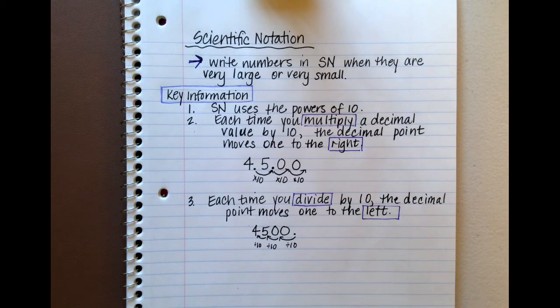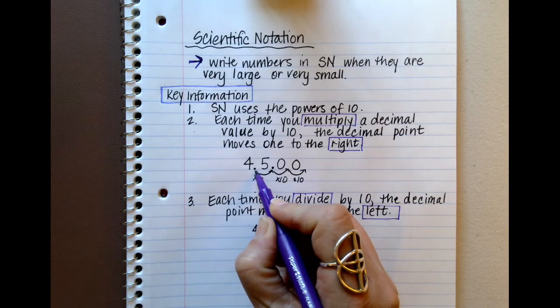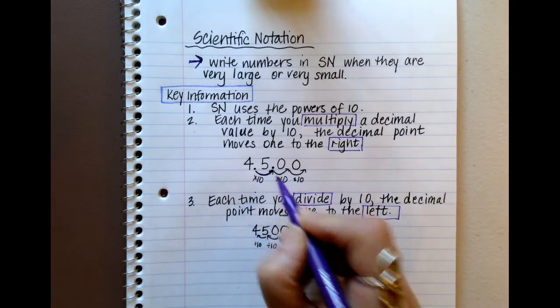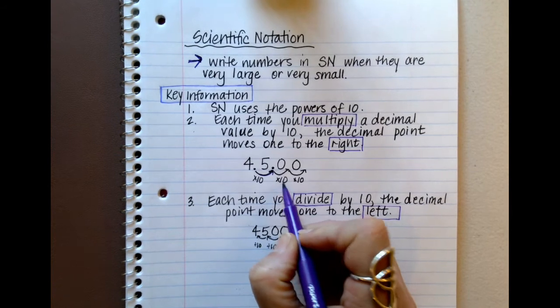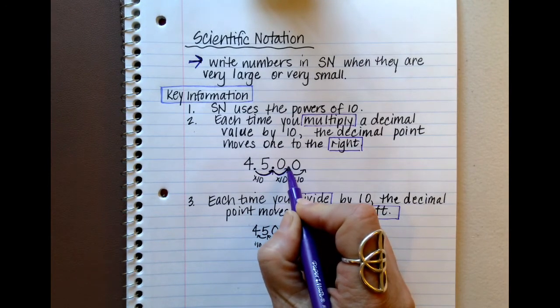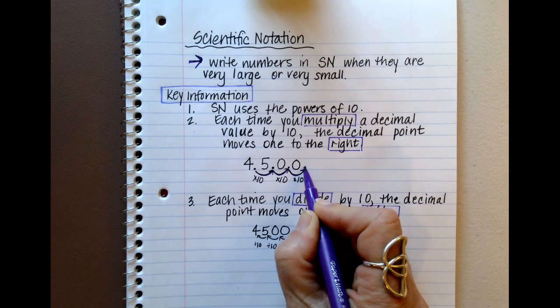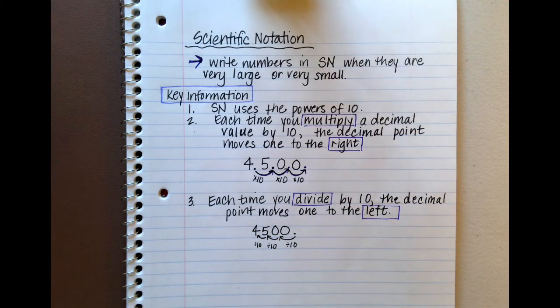I had 4.5, and every single time I multiply by 10, that decimal point is moving one spot to the right. When I multiply by 10, it moves one more spot to the right. It would go here. Then if I multiply by 10 one more time, I'm going to move it one more point to the right. So multiplying a number by 10 simply moves the decimal one space to the right.